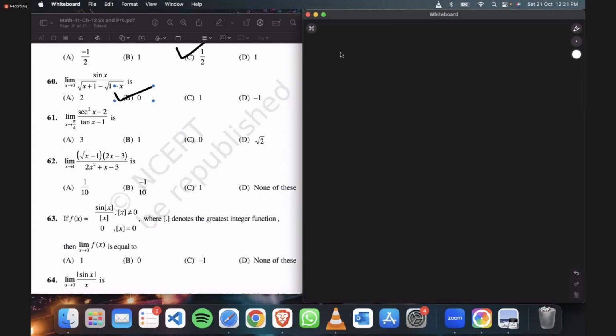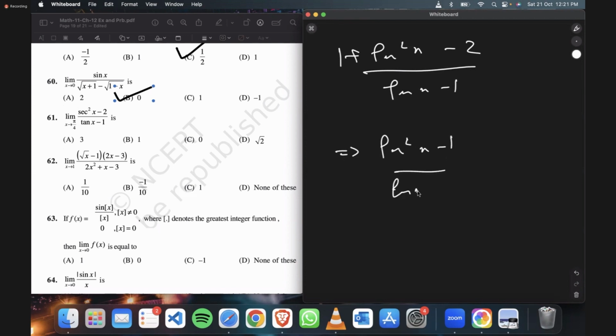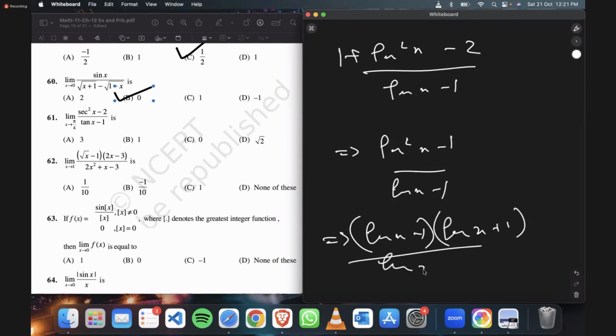No, where am I wrong in this? Let's do it again. So there was a 1 plus tan square x minus 2. Okay, correct. Whole divided by tan x minus 1. So there I'll be left with tan square x minus 1 divided by tan x minus 1. Can open it up as tan x minus 1 and tan x plus 1 divided by tan x minus 1.